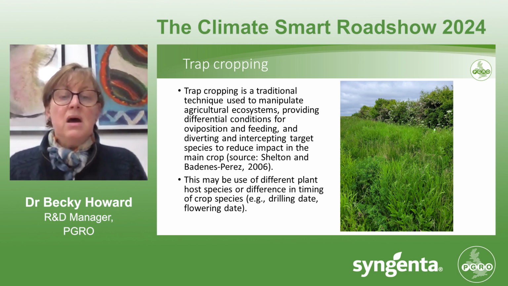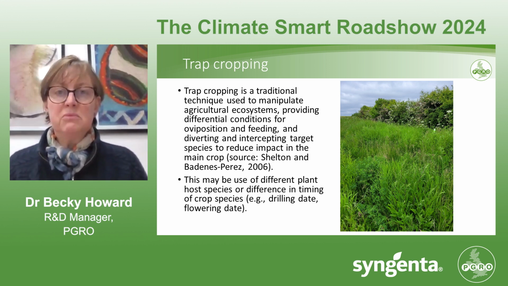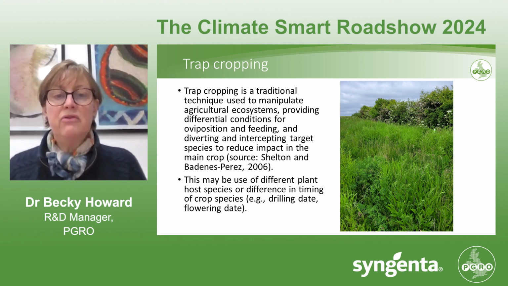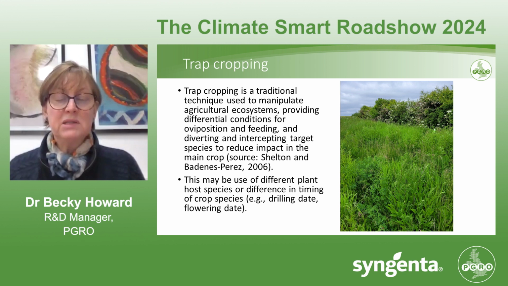crop. In our case at PGRO, we've used two farming systems. One farming system is a more regenerative approach where they have a mixed flowering trap crop that includes legume species, vetch and lucerne. And on a slightly more conventional farming system, they've used a very late sown winter bean sown in January as the trap crop compared to the spring sown main field bean crop.